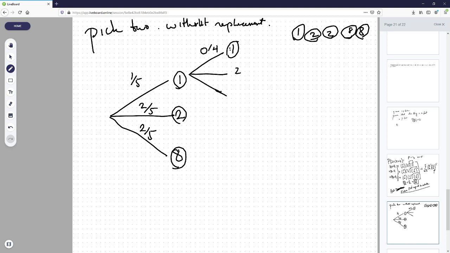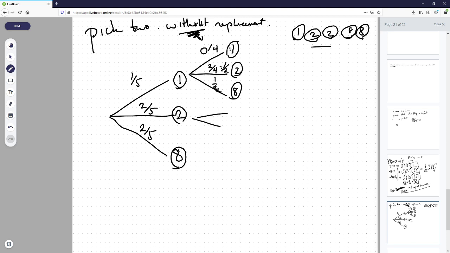In this case, what's the probability of getting a 2? Well, there's still 2 2's left. Exactly. So 2 out of 4, or 1/2. Yeah, because I didn't put it back in. This is without replacement. That's what this means. And then this is also 1/2 here.